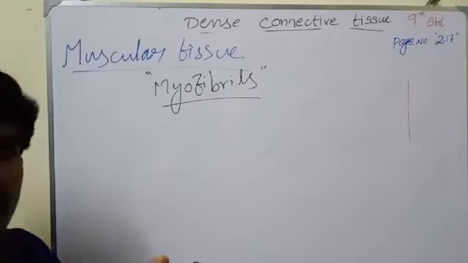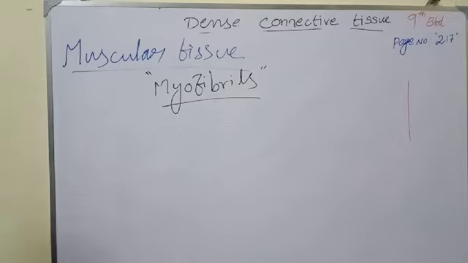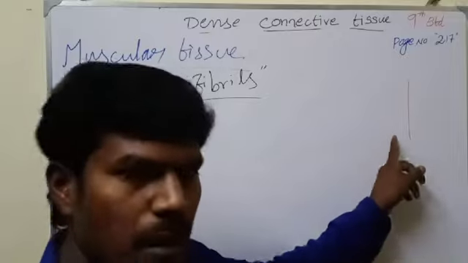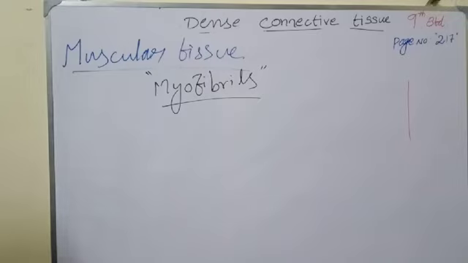The fibers are present in those muscles. So they are composed of numerous fibrils. Each muscle is made up of many long cylindrical fibers arranged parallel to one another.